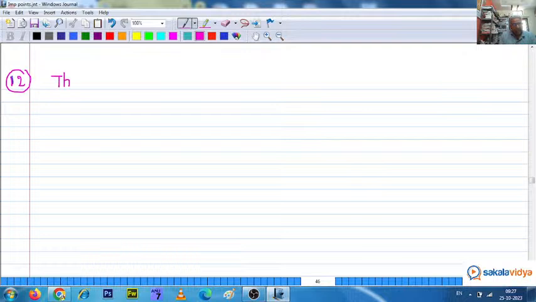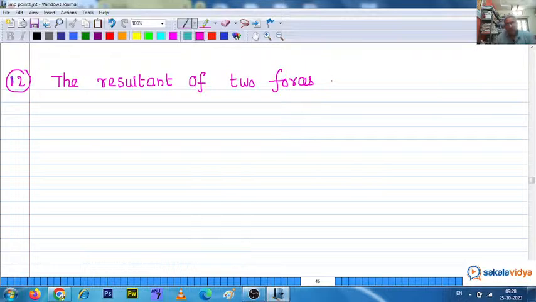The resultant of two forces, 12 newtons and 16 newtons, is 20 newtons.